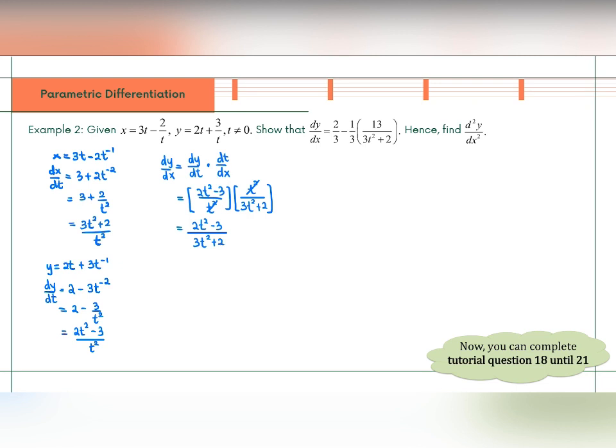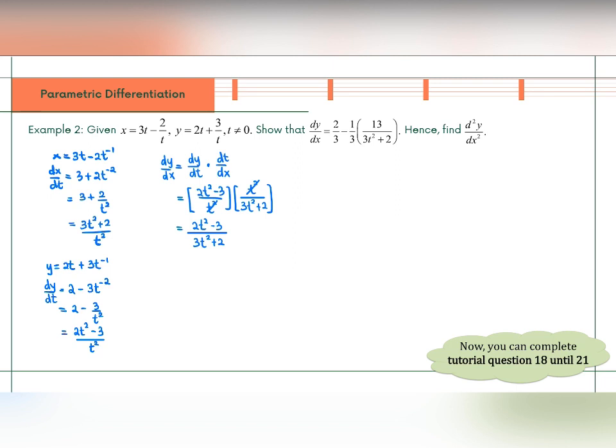Unfortunately, our answer is not the same as what the question is asking for. Nampak tak? Kita dapat ini tapi soalan suruh kita tunjuk ini. So macam mana saya nak show daripada this fraction kepada this fraction? So kat sini nampak tak? Kita ada improper fraction.